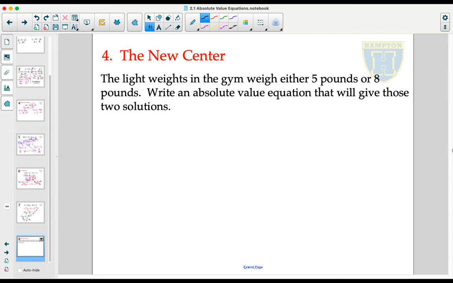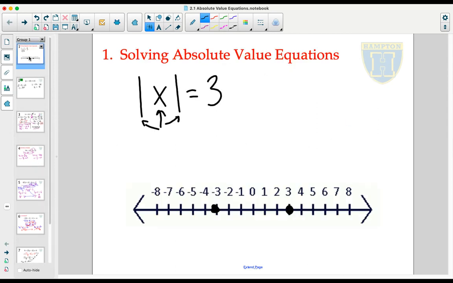And really the easiest way to do this when working backwards is to imagine what this would look like on a number line. So before we do that, let's go back to our original example. If you're looking at this original example and thinking about the absolute value of x equaling 3, we went 3 units out from 0 this way and ended up right there. And we went 3 units out from 0 to the left and ended up right there.